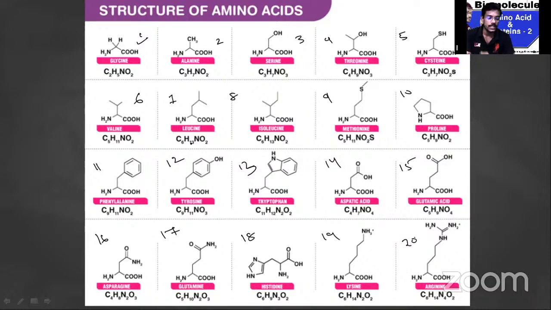These are the 20 different kinds of amino acids that make up proteins.